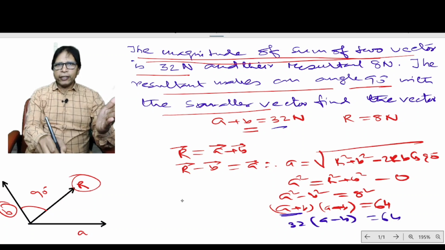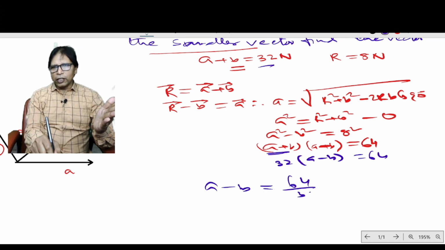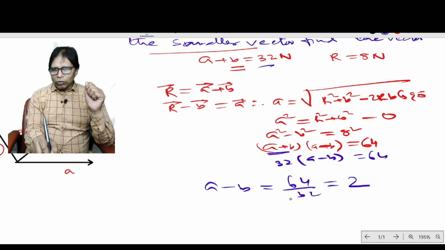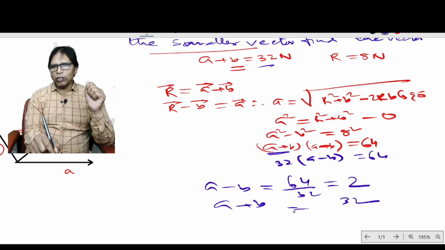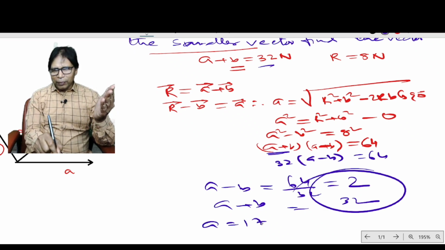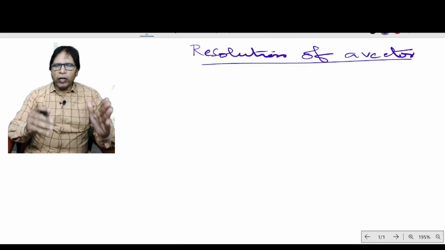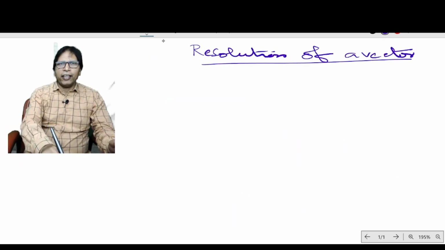So look at this, A − B = 64/32, this equals 2. And A + B = 32. So from this relation, you can get A = 17 and B = 15. Okay, understood? Next.